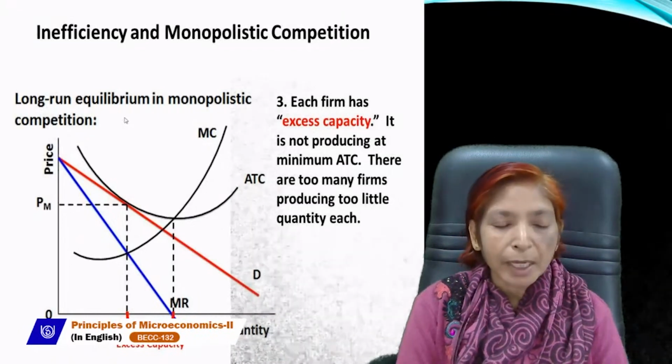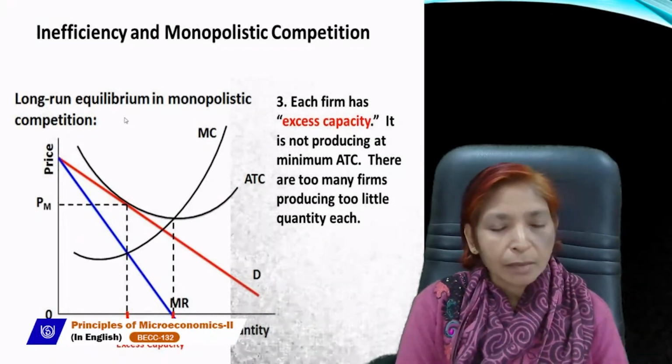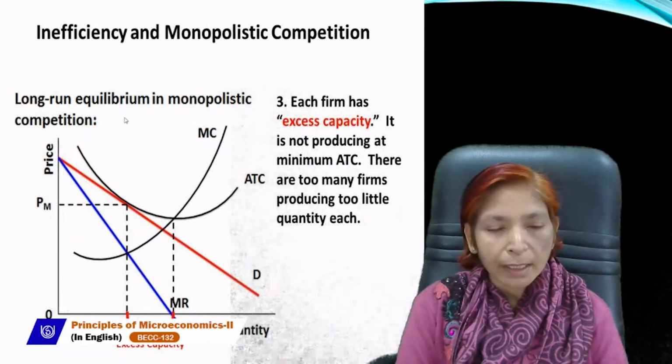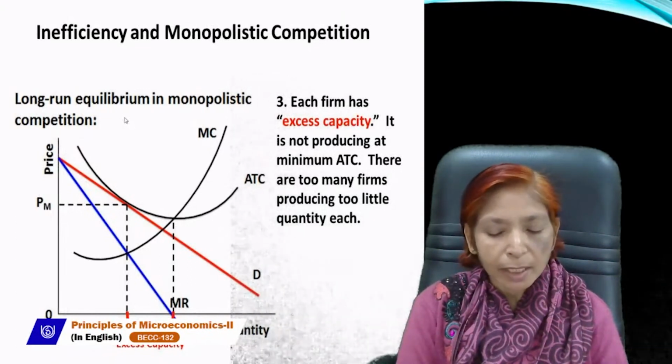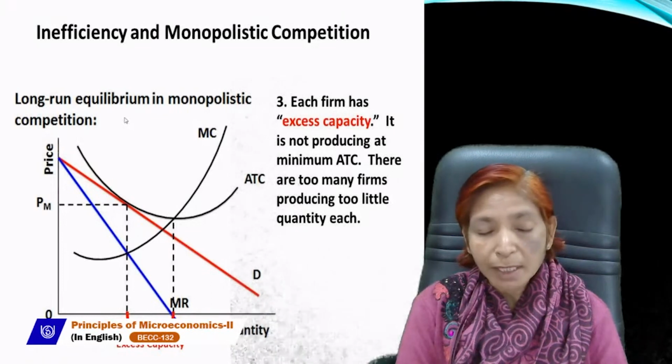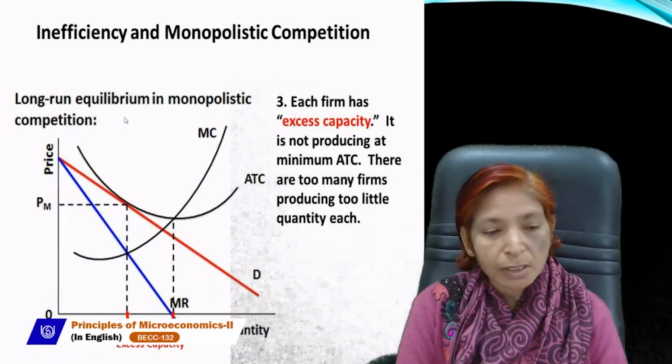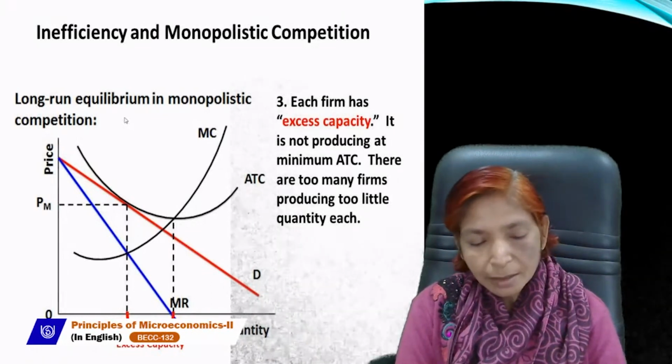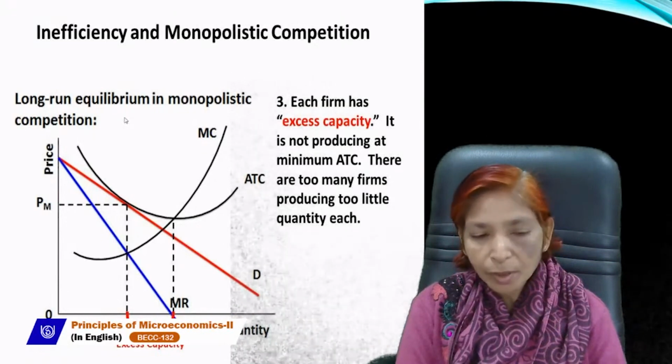And here the price will also fall. It means the firm can produce more and charge less price from the buyers, but the firm wants to earn maximum profit. That's why the firm is losing this output level.